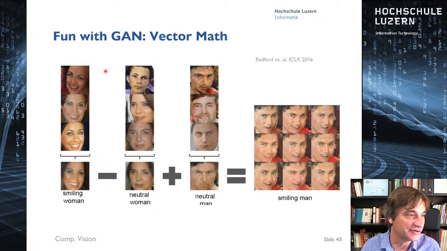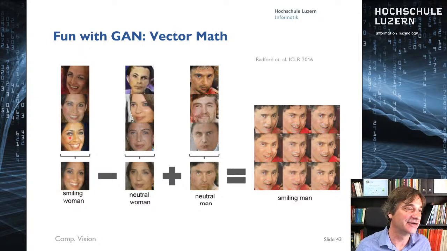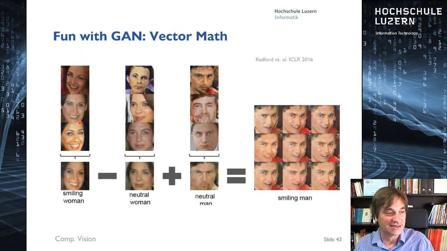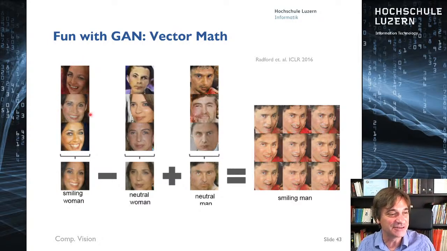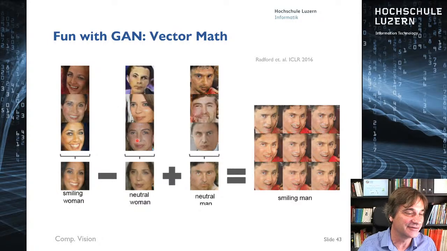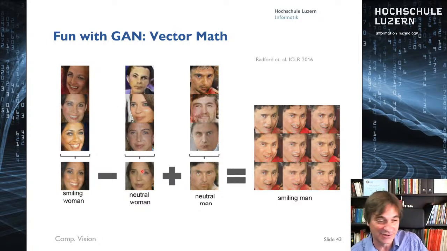So for example, if you use the space and you generate always smiling women, and you use the latent vectors from that space, and you use the vector from when you only generate women that are not smiling, and then you add the space of men, you get smiling men.